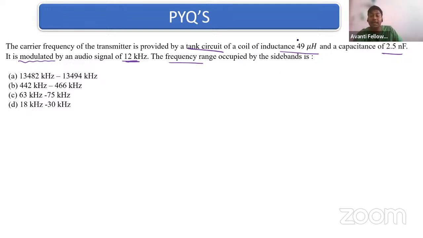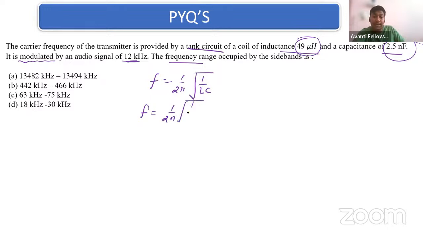Now here it is the inductance, and here it is the capacitance. Then what will be the frequency of this LC circuit? The LC circuit has frequency 1 over 2 pi square root of LC. Then 1 over 2 pi, what is L here?